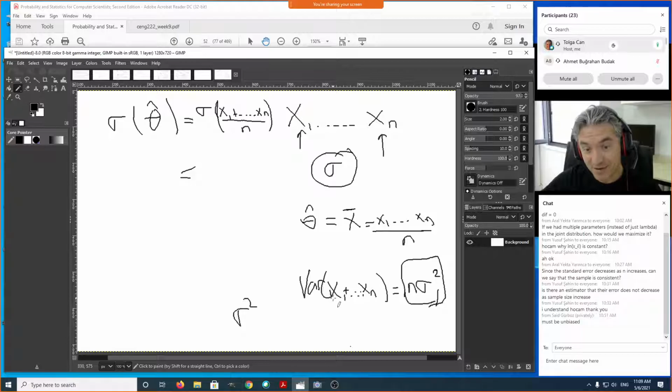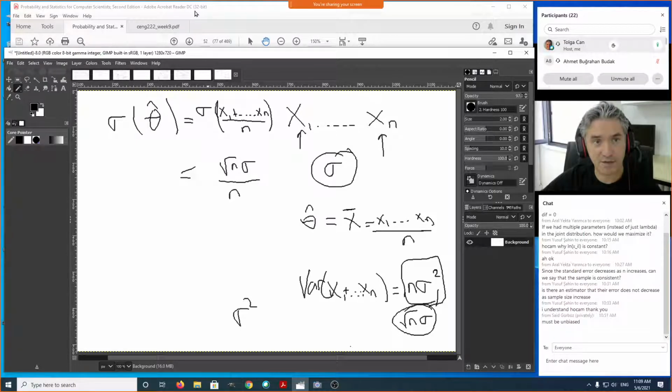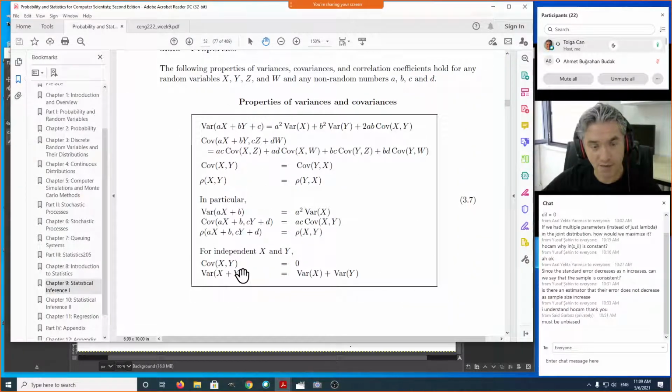Therefore, the standard deviation of this sum, if you take the square root of this thing, is going to be square root of n times sigma. Therefore, it's going to be square root of n sigma divided by n. And there's a constant number here, which is another thing that we are using: if you have a constant number, its variance is that constant squared.